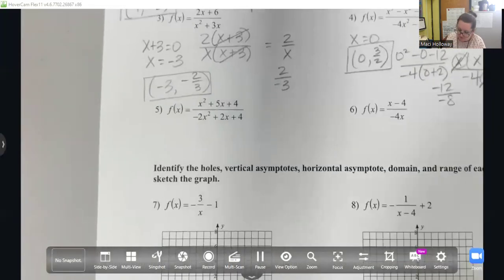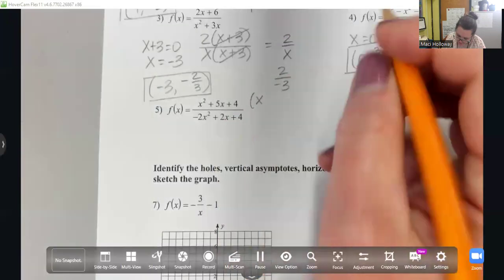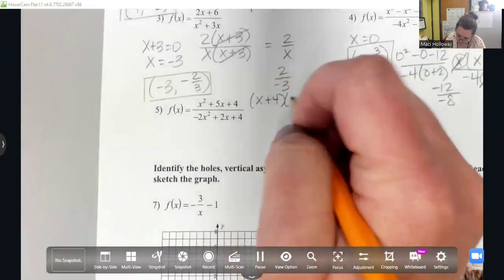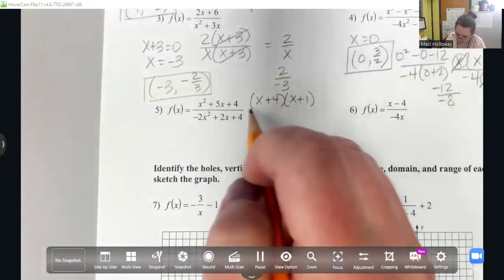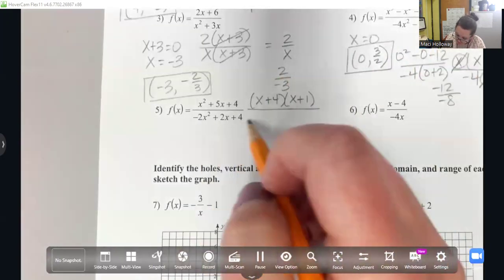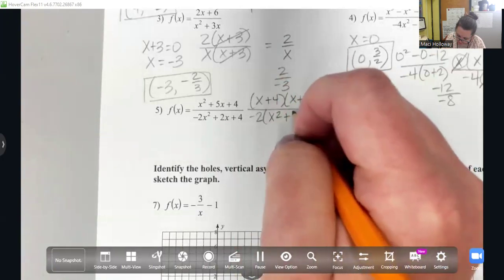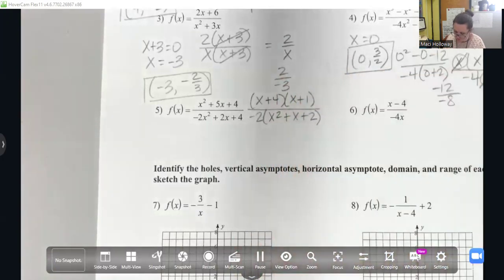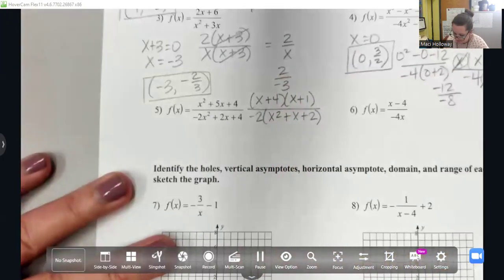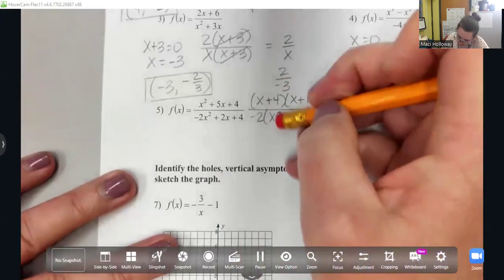All right, and then number 5, let's factor this. So what multiplies to get 4 and adds to get 5? It's 4 and 1. Factor out a -2 on the bottom, and we get x squared plus x plus 2. Nope, it's going to switch the signs.